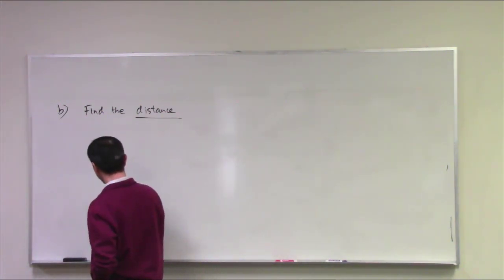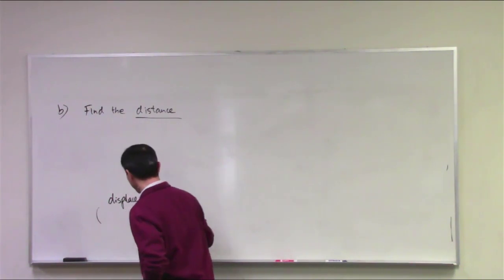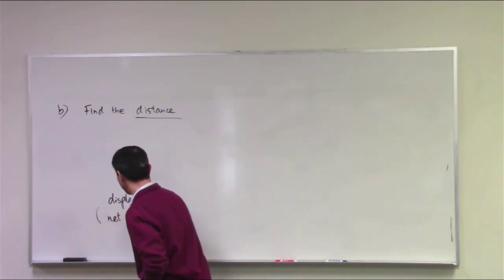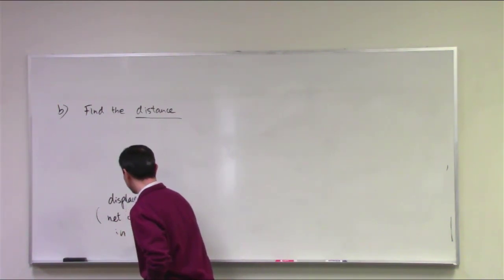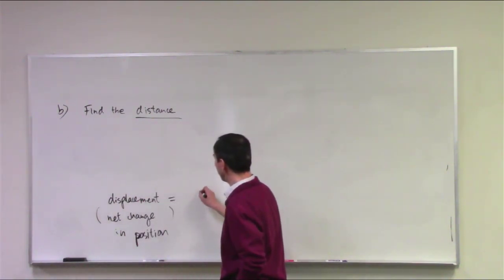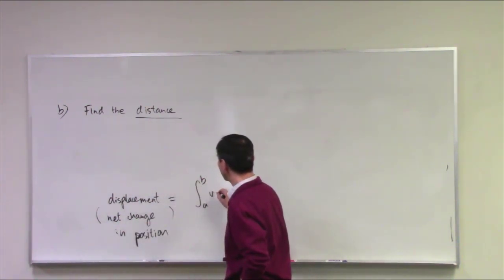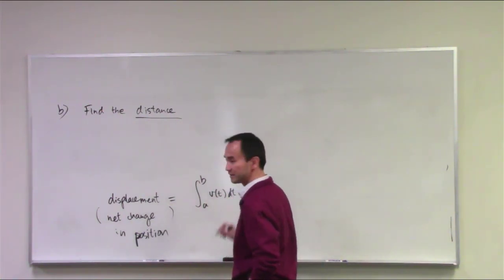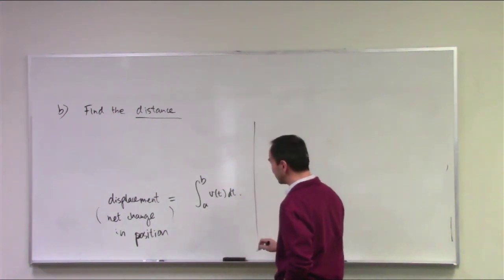We've learned from part A that displacement is the net change in the position, and we found that by doing a definite integral of the velocity function. That's the general idea we did in part A. So now we're taking that analogous idea here.